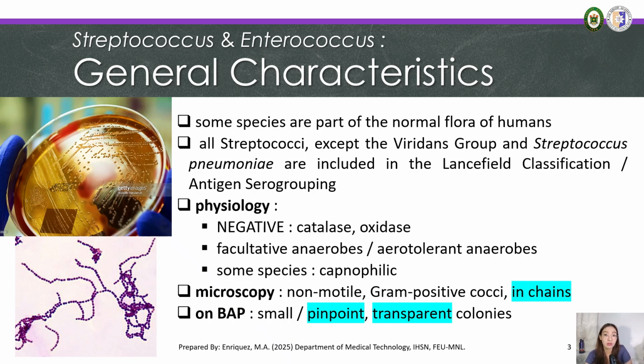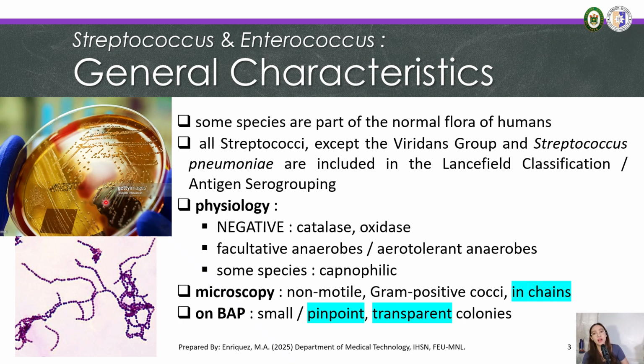Microscopically, they are gram positive cells that are arranged in chains, just like this one in this photo right here. Macroscopically naman po, no? Their colony morphologies appear to be grayish, pinpoint, or small and translucent, as we can see right here in this example.